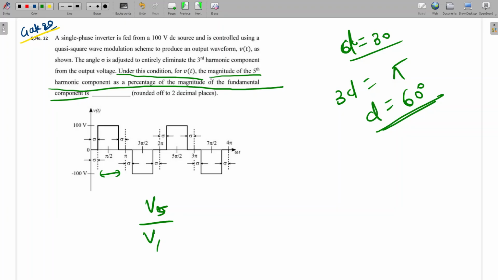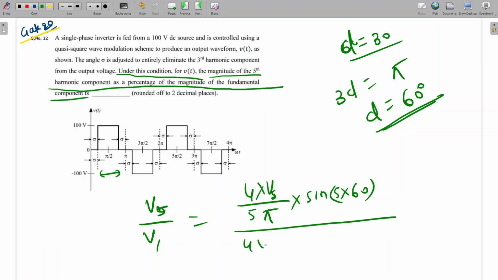It will be 4 Vs divided by 5 pi, fifth harmonic, into sin 5D, 5 into 60, divided by 4 Vs by pi into sin 60.